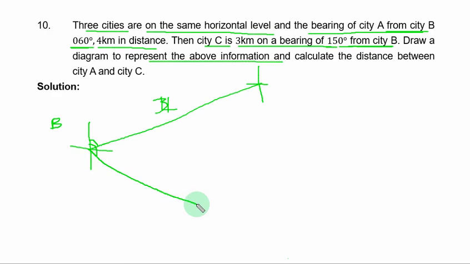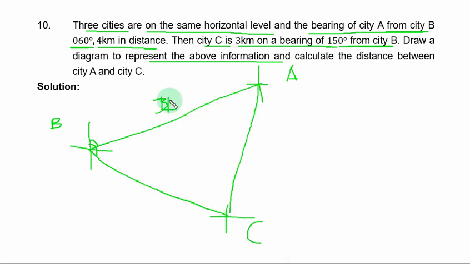So city C cannot be the same level with city A. So let's extend it and label this as city C. This is city C. Then here you have city A. You can join both cities together. So the diagram for this question should be something like this.